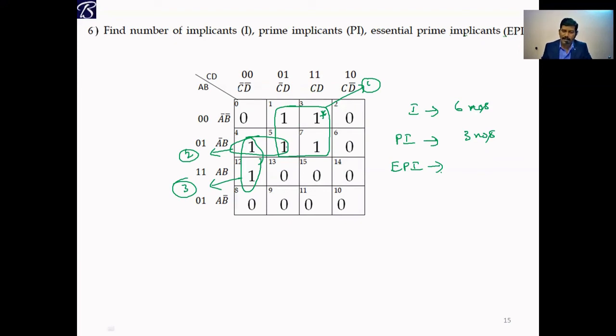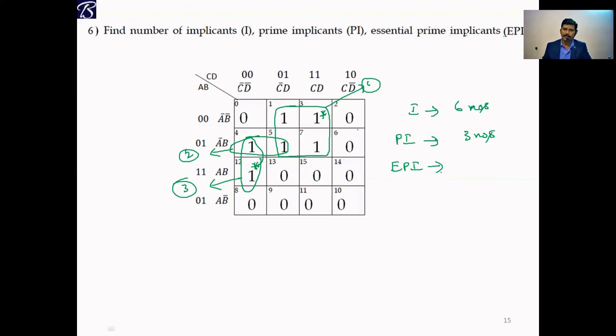These 2 cells are covered by others: the fourth cell is covered by the third group, and the fifth cell is covered by the first group. So that is not essential. But coming to the third group, these 2 minterms are in a pair, and cell number 12 is not covered by any other. That's why this becomes an essential prime implicant.